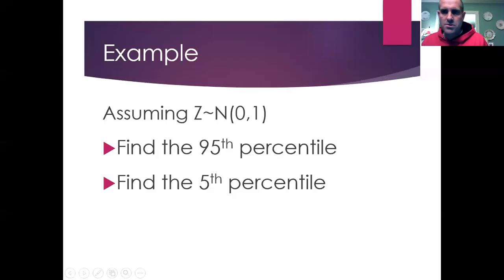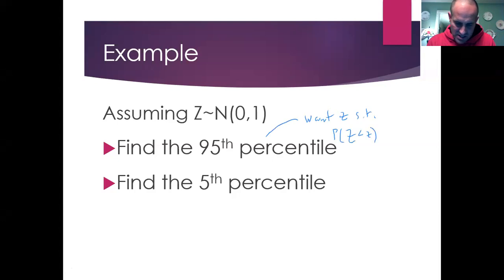A couple other examples. If we have the standard normal again, what's the 95th percentile? Now remember, what does this mean? The 95th percentile means that I want to find a z value such that the probability that capital Z is less than little z is equal to 0.95.